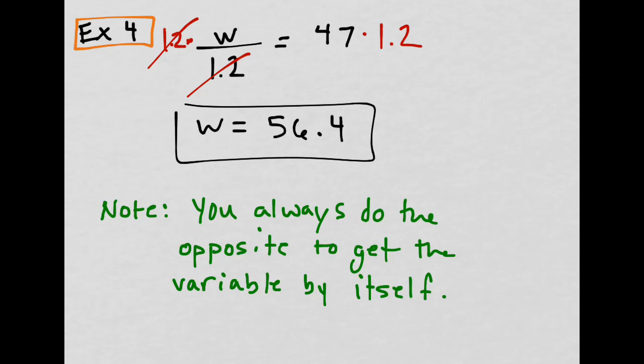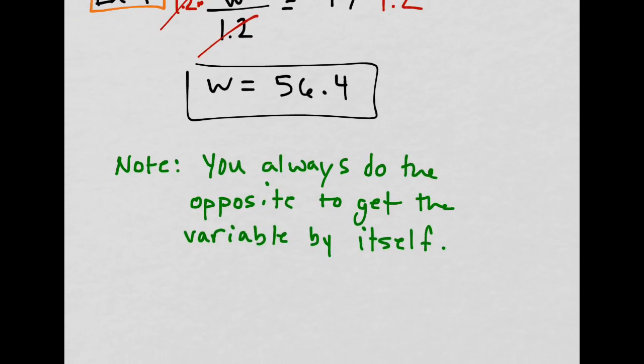Well, here it says W divided by 1.2. So since this says divide by 1.2, we multiply by 1.2, and we multiply by 1.2 on the other side. Yeah, you do the opposite, and you do it to both sides. Maybe I should write that too.